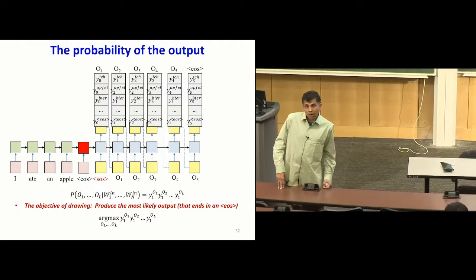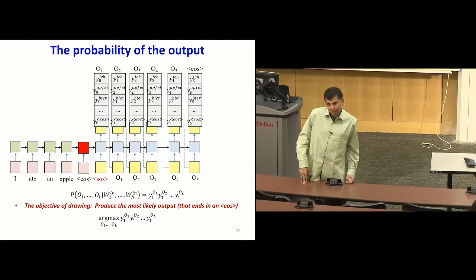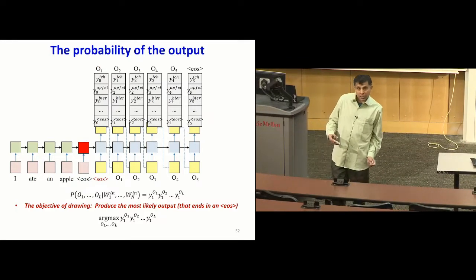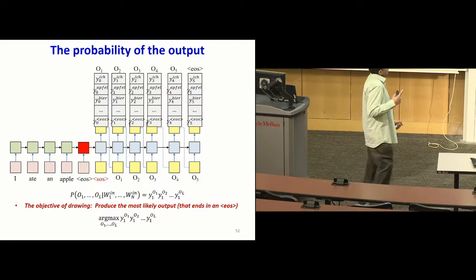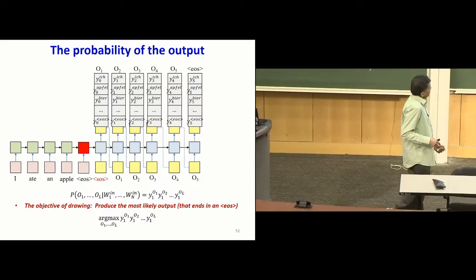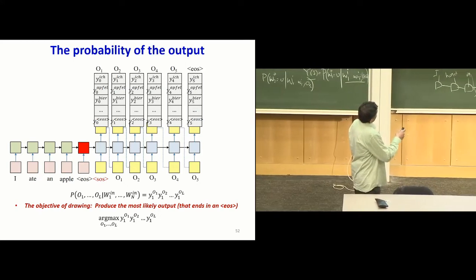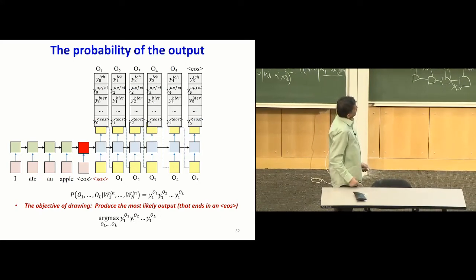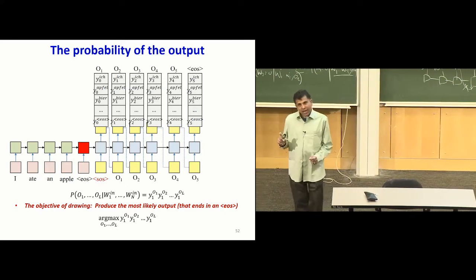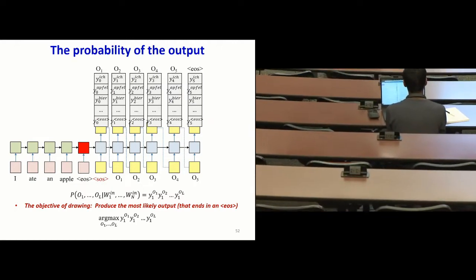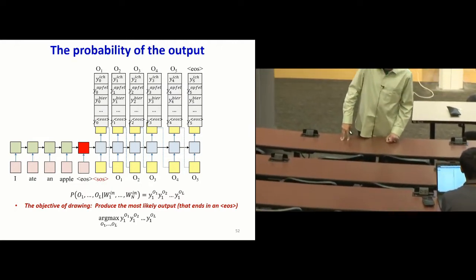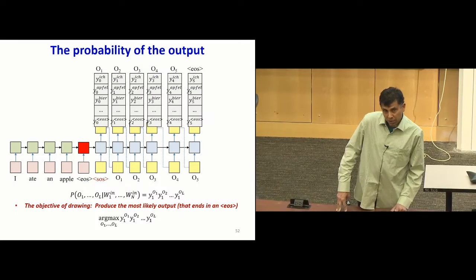So you're given a word sequence in English, and you want to produce a word sequence in, say, French. If I produced any given word sequence, what I have done is draw a sequence of words from a probability distribution.